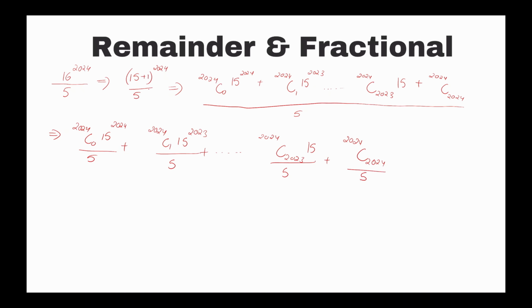Now to find our fractional part, we know that the first terms are going to be divisible, so we would get an integer value in all of these. Basically my 5 would get cancelled out with any one of the 15s, right? So I would have integers in all these terms. However, the last term is the only term that is left out, which is 1 by 5.